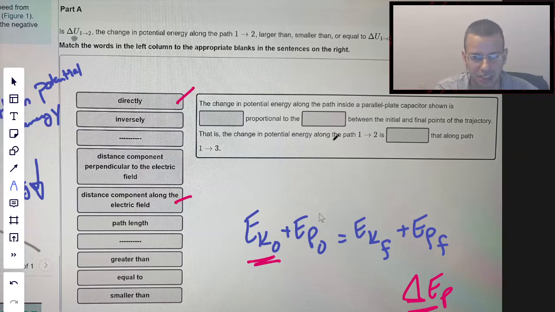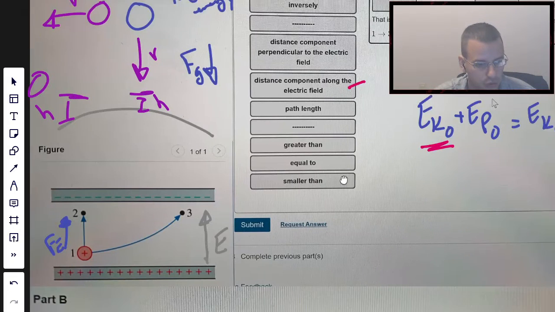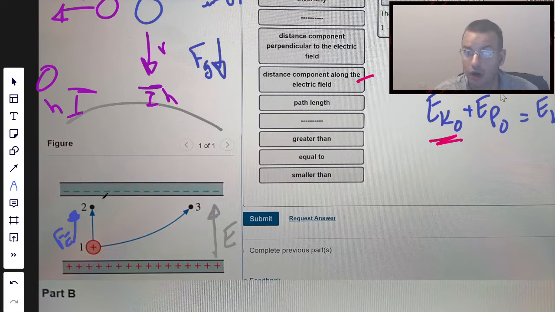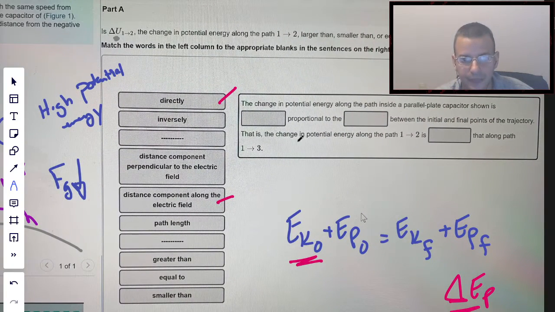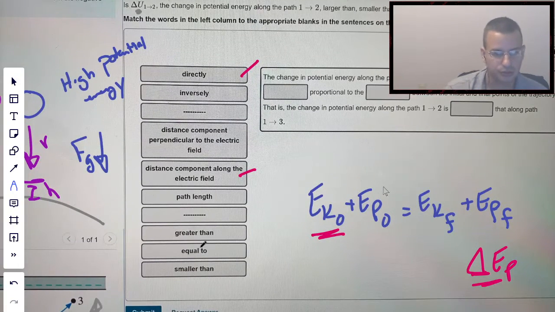That is the change in potential energy along path 1 to 2. The change in potential energy from 1 to 2 is equal to that along 1 to 3.